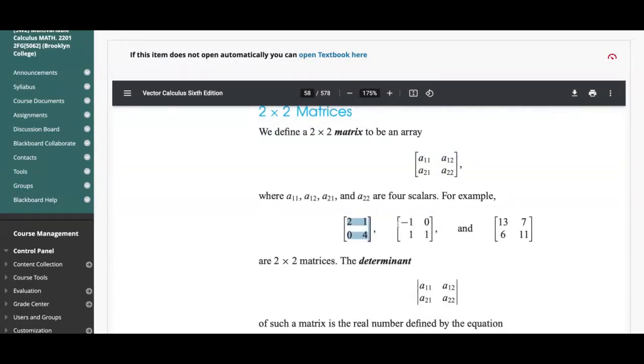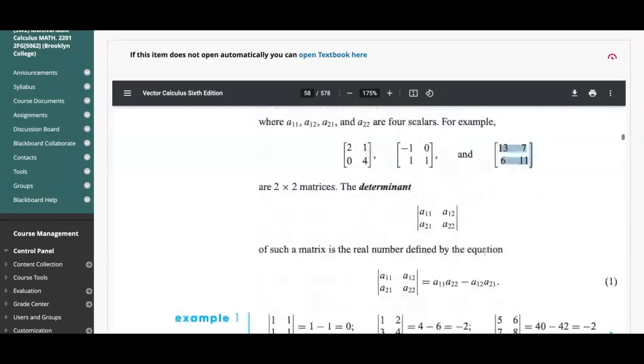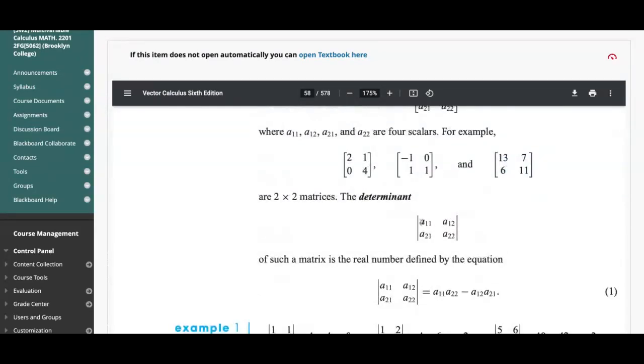And we position them like this. The first one is A11. First row, we read them row-wise. A12. If we have a third member it will be A13. The second row is A21, A22, A23, and so on.